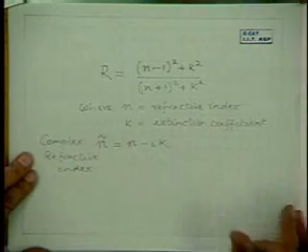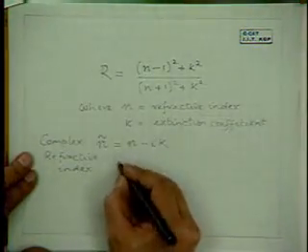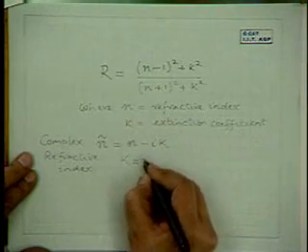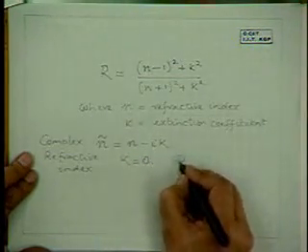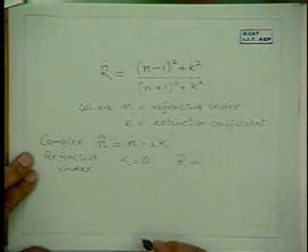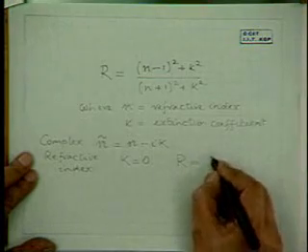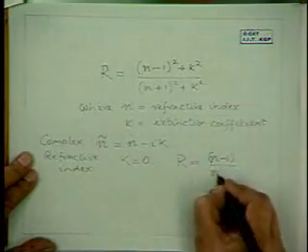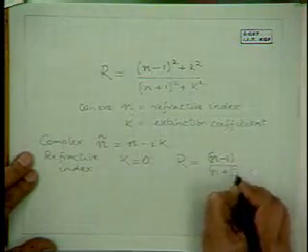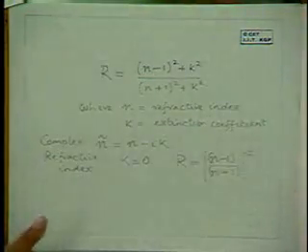Now, take the case when k is equal to 0, then we have the condition that the percentage of light reflected, or the power reflected, is just n minus 1 over n plus 1, whole squared.